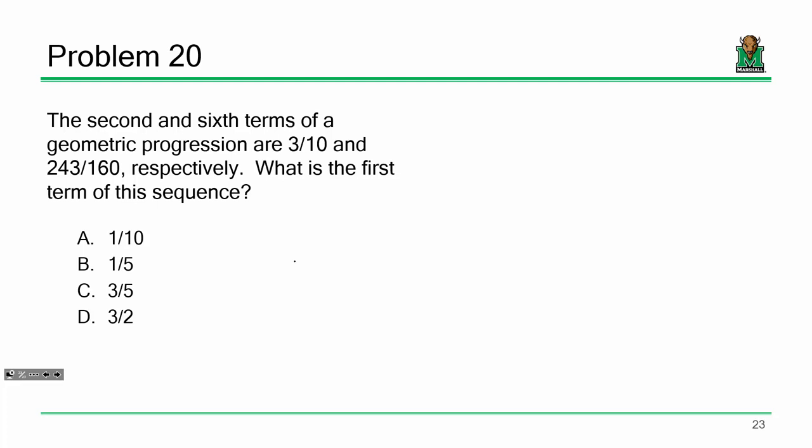Last but certainly not least is the concept of a geometric progression. So this is the last problem because, after my experience interacting with a lot of engineering students, this is the topic in Calc 2 that they seem to like the least, which is series.